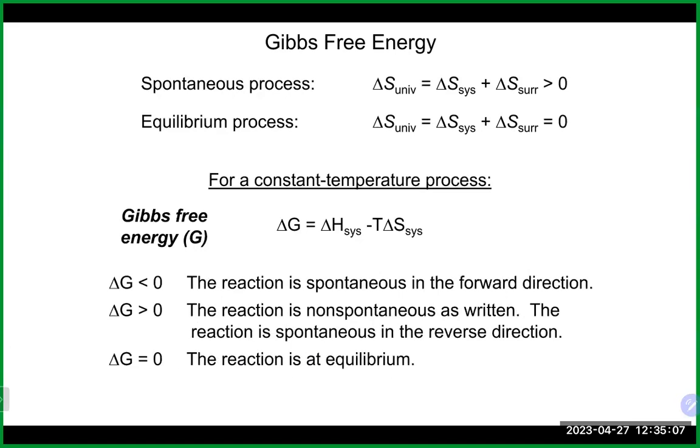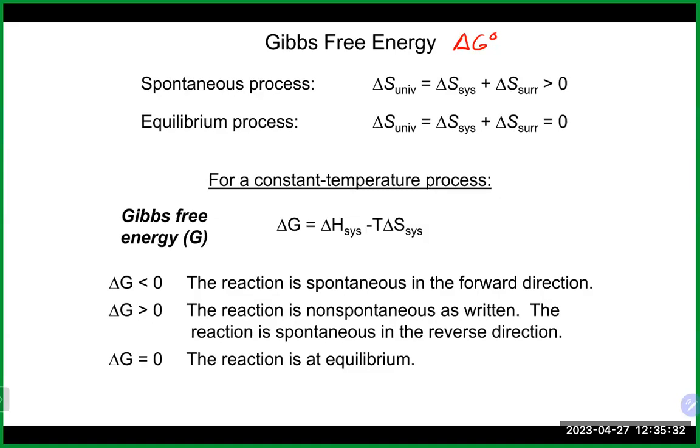and it is another letter, so that's good. So Gibbs free energy is really delta G, and it is pretty much what the name sounds like. Gibbs free energy is energy available to do something, some type of work. So as we saw earlier, if we have a spontaneous process, our delta S of the universe will be greater than 0, or positive.